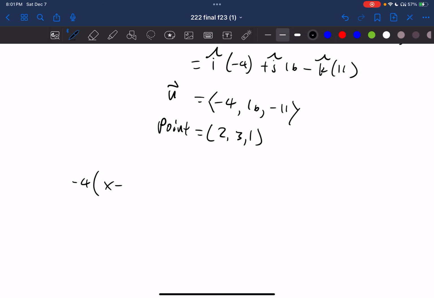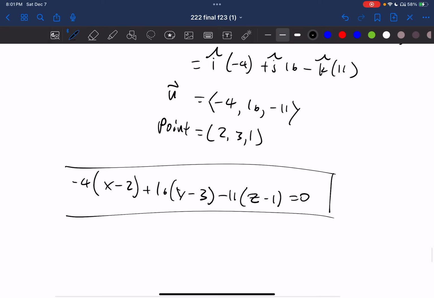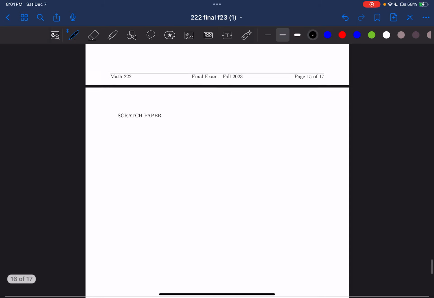For x minus 2, plus the normal 16 times y minus 3, minus 11 times z minus 1, which should be equal to 0. And that should be our answer. That's it.